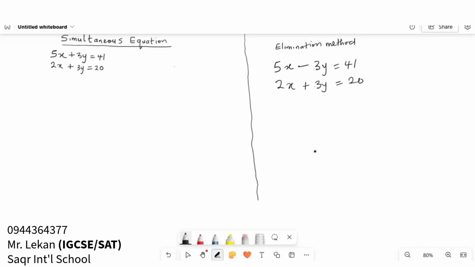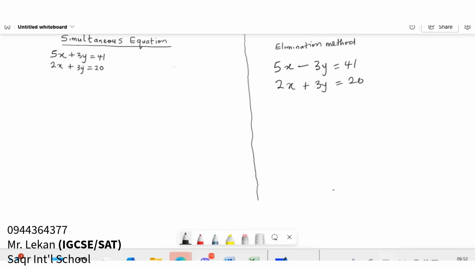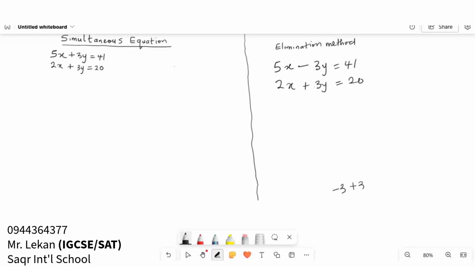As you can see, if I have negative 3 and positive 3, the only way to make them become 0 is by addition. Because negative 3 plus the other one, positive 3, it will give me 0. In this case, I am going to add equation 1 with equation 2.